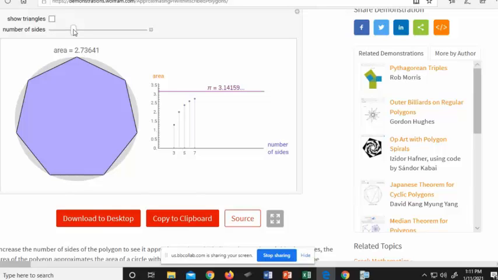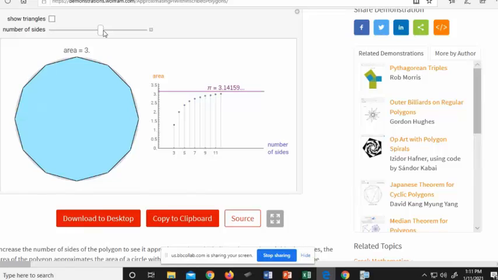But let's try to make the area closer to the area of the circle, right? And to do that, we would increase the number of sides. You see what's happening? All of a sudden, the area is 3. Okay, I keep going. And the area is 3.04 approximately.